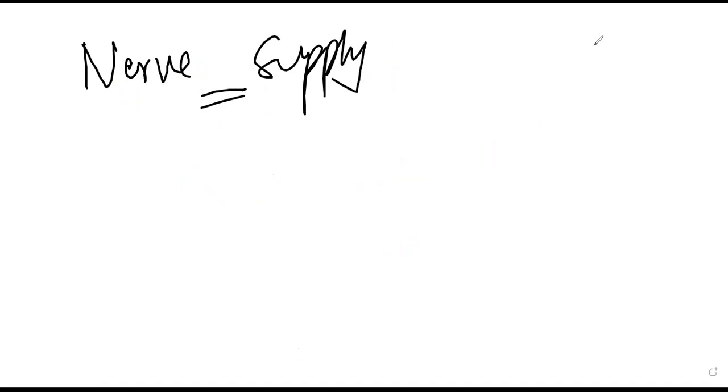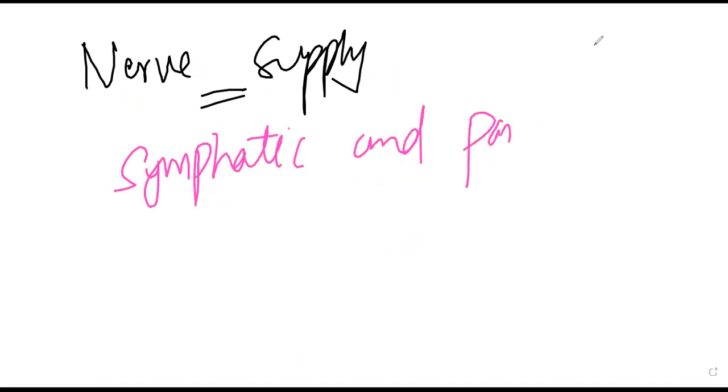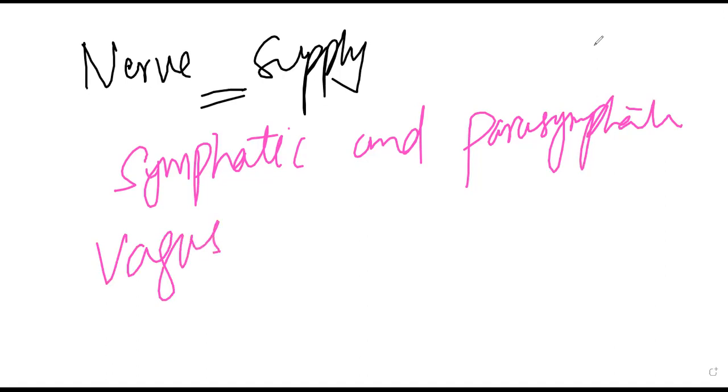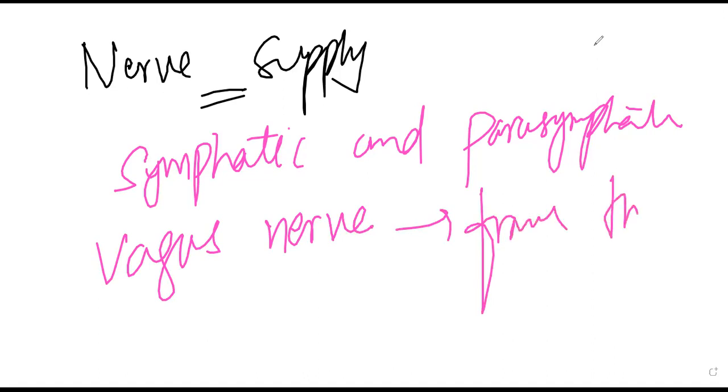It is sympathetic and parasympathetic, the vagus nerve, and it is from the superior mesenteric plexus.